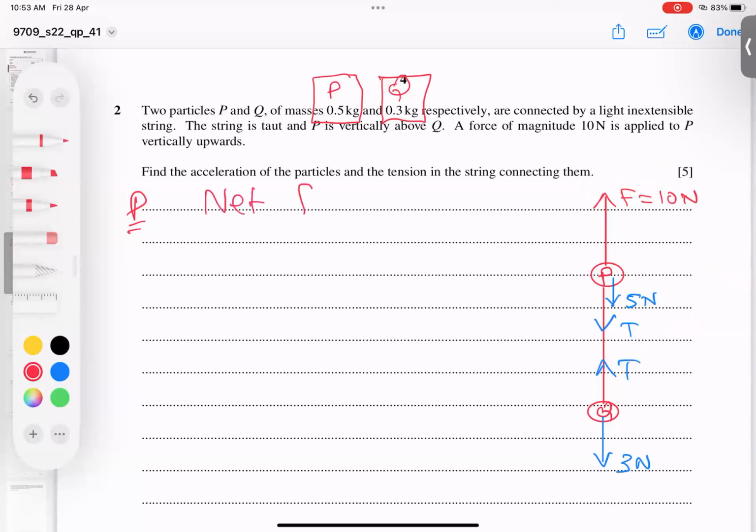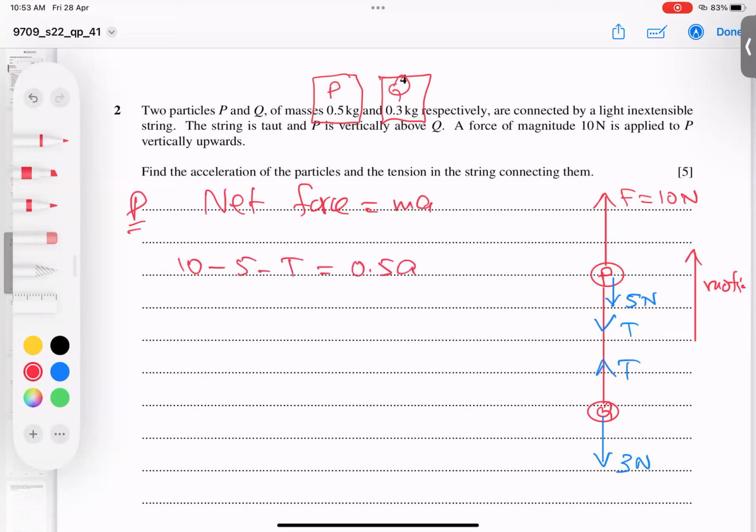Net force is equal to MA, because the system is going upwards, the motion is upward. All of you know it. According to the criterion, in the direction the particles are moving, that force is always bigger, and I start from the bigger force. So let's start: 10 minus 5 minus tension equals MA.